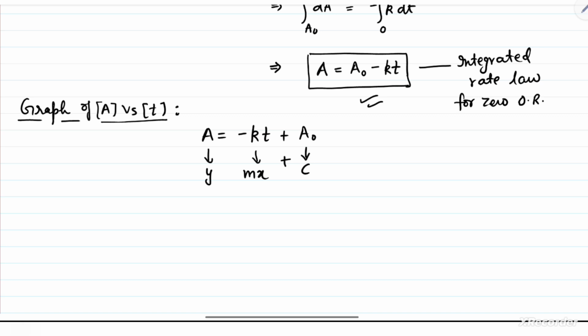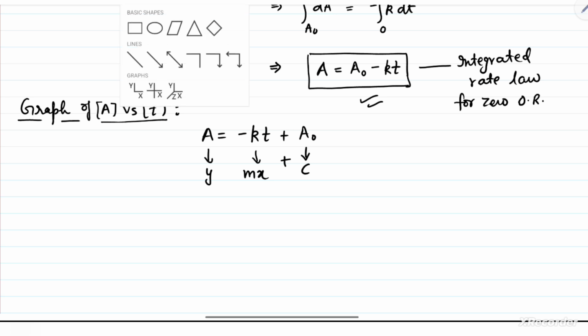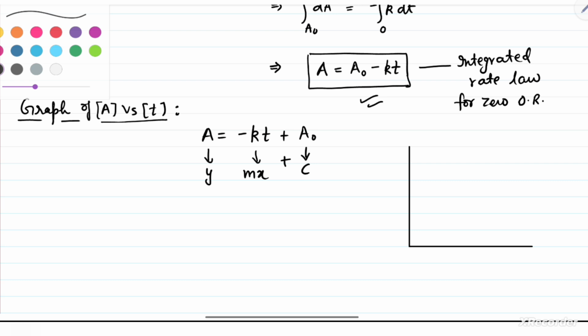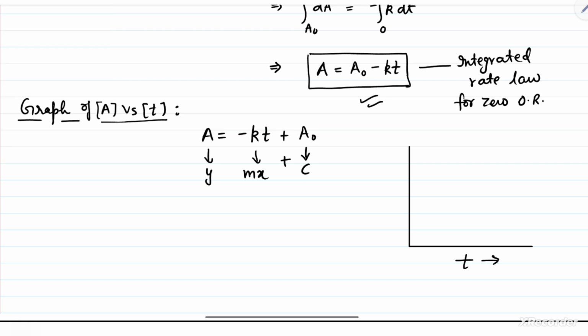So when we plot the curve, if I take time on this axis, because this is the y-axis and this one is the x-axis, with the y-axis I'm taking A, so this is the concentration axis, and with the x-axis I'm taking t.